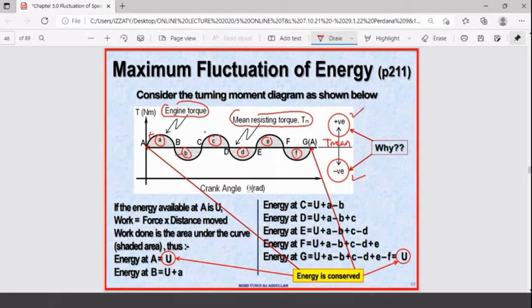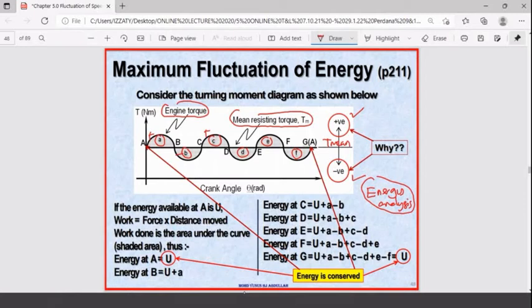Then you do the energy analysis. What is the objective of energy analysis? To define the energy required by the system or generated by the system.